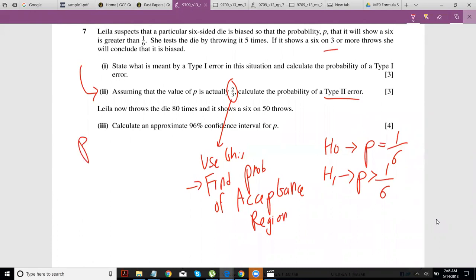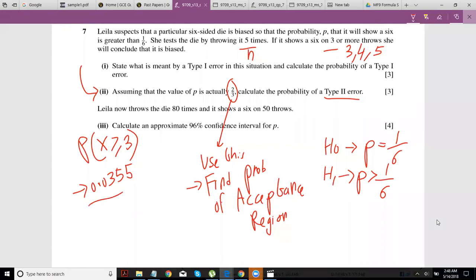So which basically means the probability of the rejection region would be x is greater than or equal to 3, because she rejects H naught and concludes that it is biased if it is 3, if it is 4, or if it is 5. Not more than that, because she only throws it 5 times, right? And you would have just used the old probability, and your number being n, 5 being n, to calculate the probability of the critical region, which you've done in part 1.